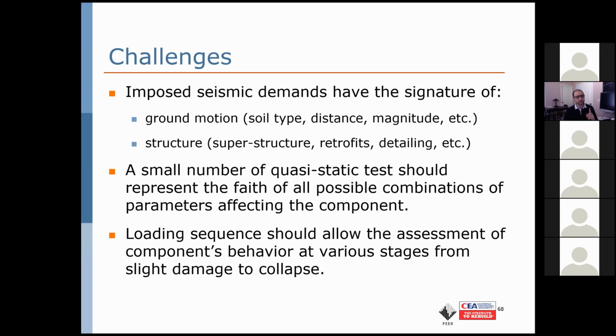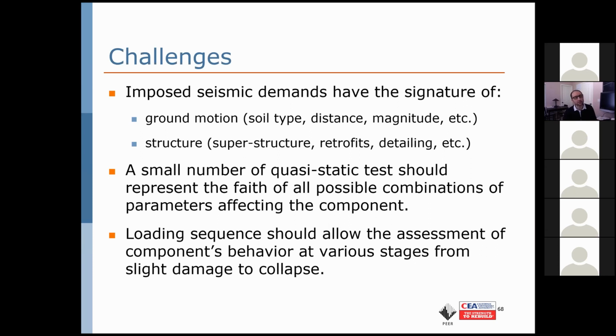Different soil types, different scenarios in terms of distance and magnitude, and the work that you're going to hear tomorrow from Dave and others on structural behavior. There's interaction between the cripple wall and the superstructure, different retrofits, different detailing. All of these should come together into a single loading protocol that we decided to have for this project.